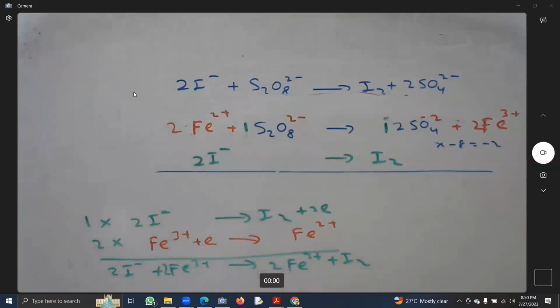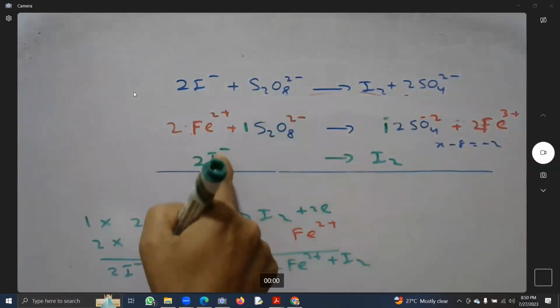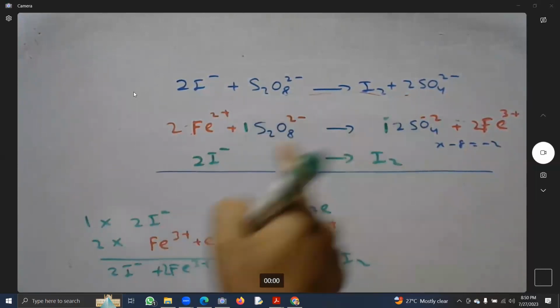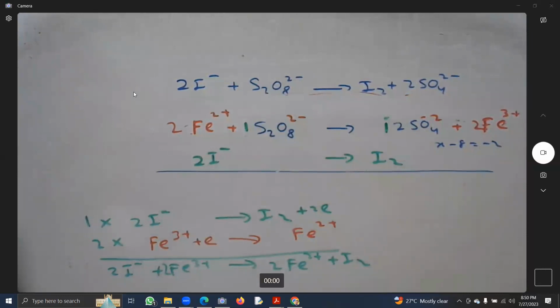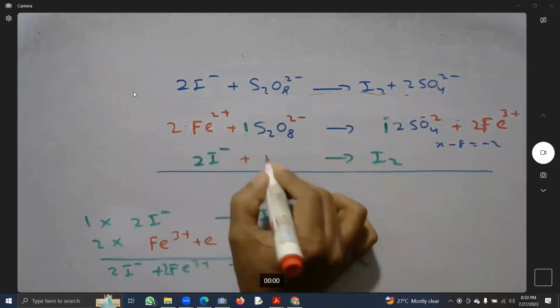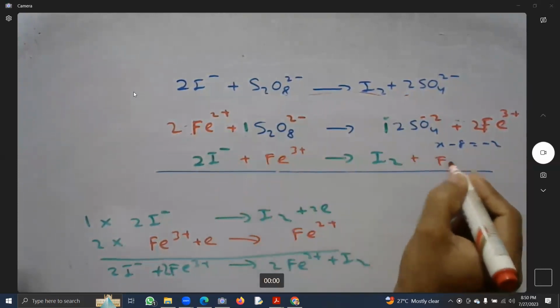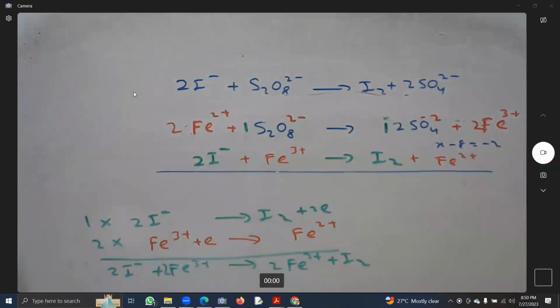Now the A level, so we'll do it this way. First I am checking this one. This is going from -1 to 0, therefore it's going under oxidation. Therefore, I know the other one should go under reduction, which means Fe3+ should go to Fe2+. Then I will be checking the electron transfer.